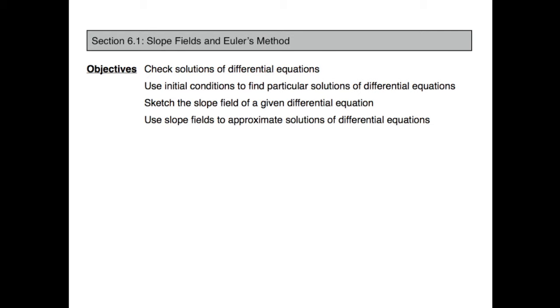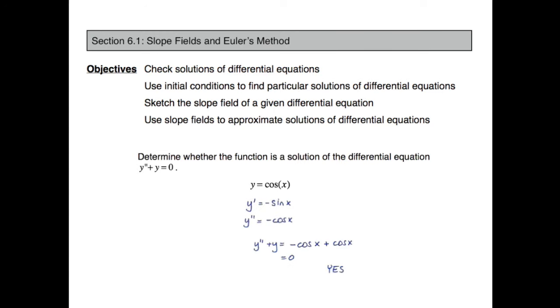So let's review our objectives. We first saw how to check solutions of differential equations. So if we are given a function like y equals cosine x, we can find y double prime, plug y and y double prime in, and see that it is equal to 0 like we want.